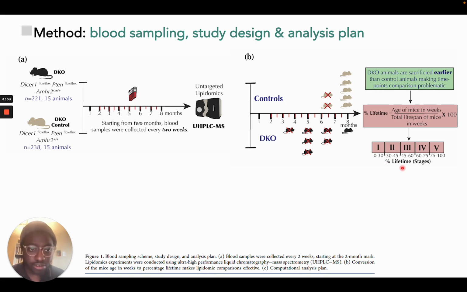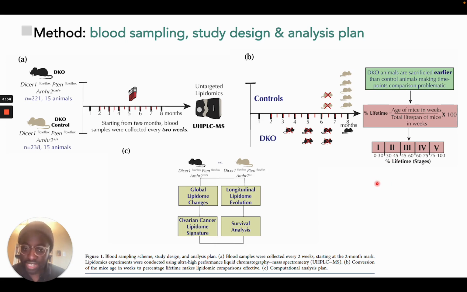This is just to make them more comparable, and we have about 5 lifetime stages for these mice. From 0 to 30% lifetime is lifetime stage 1. From 30 to 45% is lifetime stage 2, and so on, as indicated.